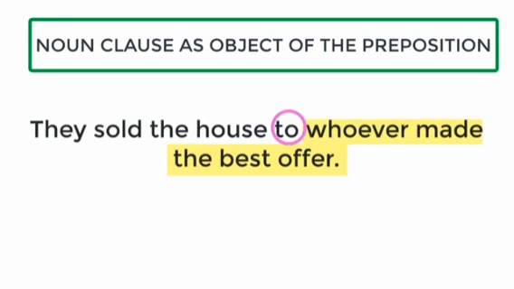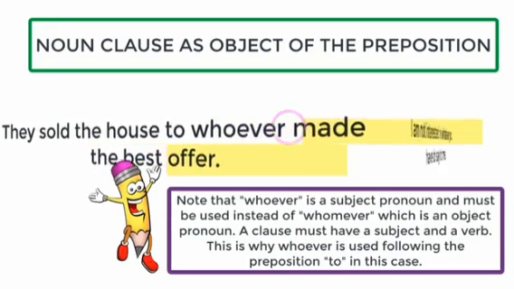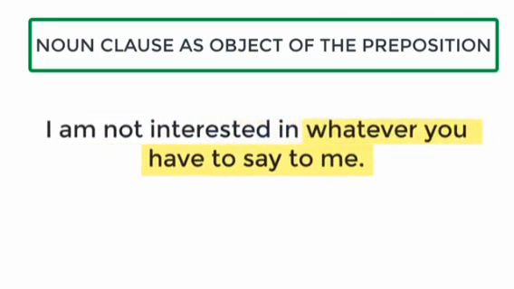Another example: I'm not interested in whatever you have to say to me. In here is a preposition, so whatever you have to say to me is a noun clause after the preposition.